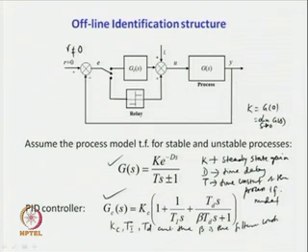We will not concentrate on the dynamics of the PID controller, because we are going for upline identification, where the controller will be out of the loop. So, it has no role to play.